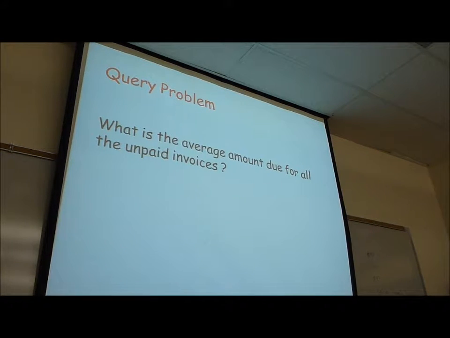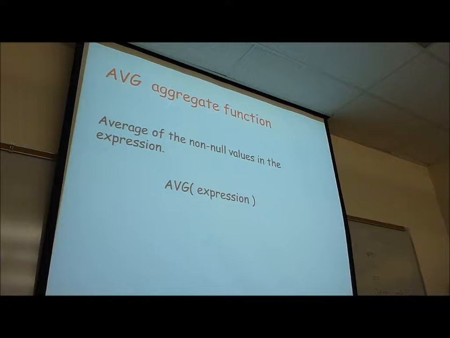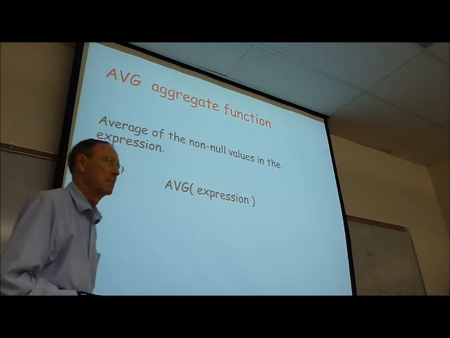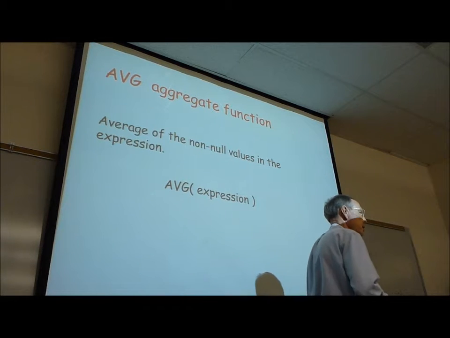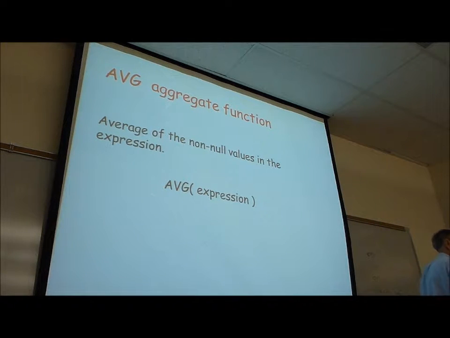What does the average amount do for all of them? Got an average expression. Well, guess what it's doing? I didn't really need this, because all it's going to do is use the previous sum function and divide it by the count.